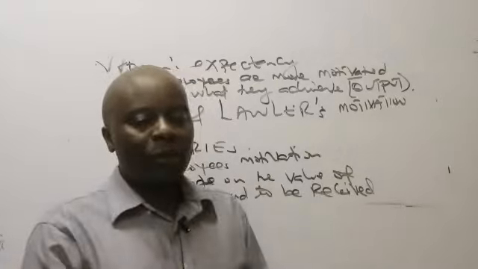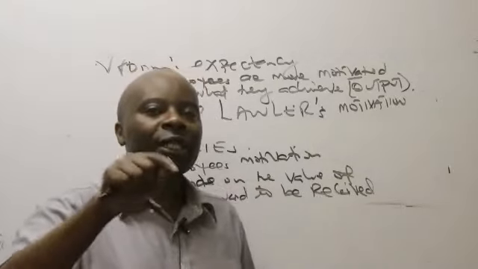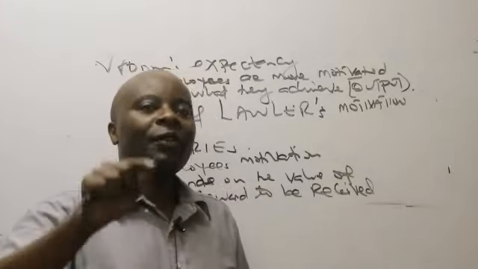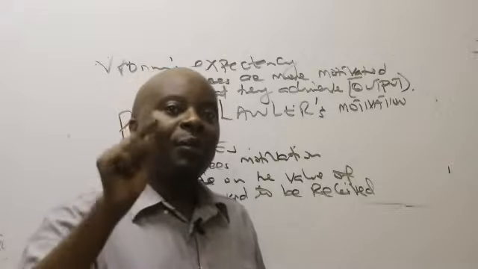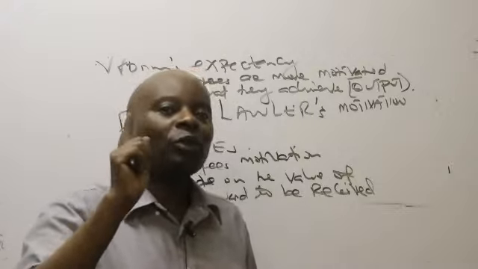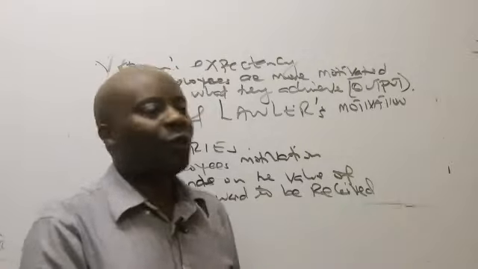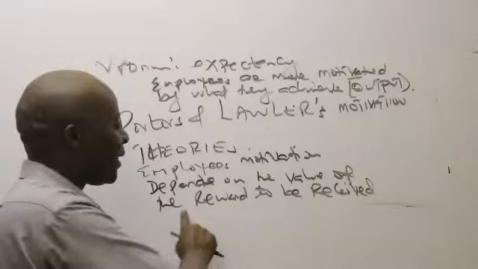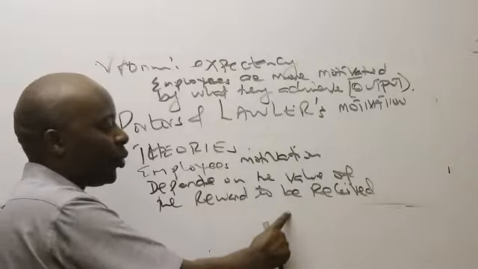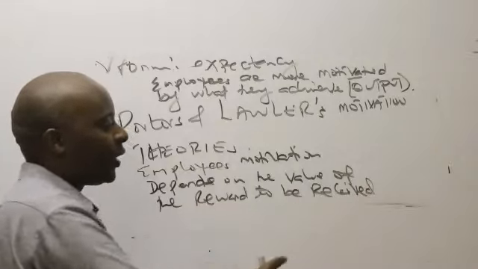So whatever amount of energy that you would want me to put into this particular thing will be commensurate to the amount of reward, for example, the amount of money that I will receive. So basically, the energy is directly related to the reward that I will receive.